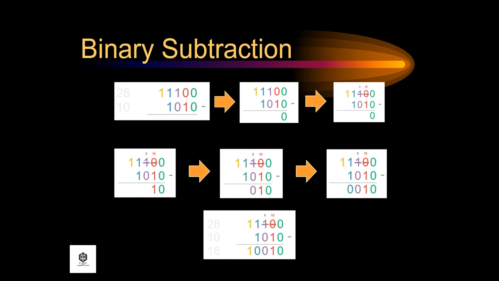For the fourth column from the right, 1 minus 1 is equal to 0. Then bring down 1. So the answer for binary subtraction example number 1 is 10010, which is 18 in decimal.